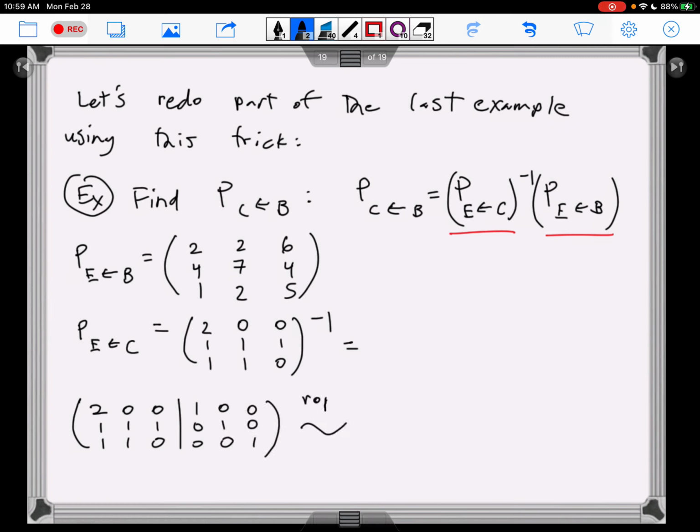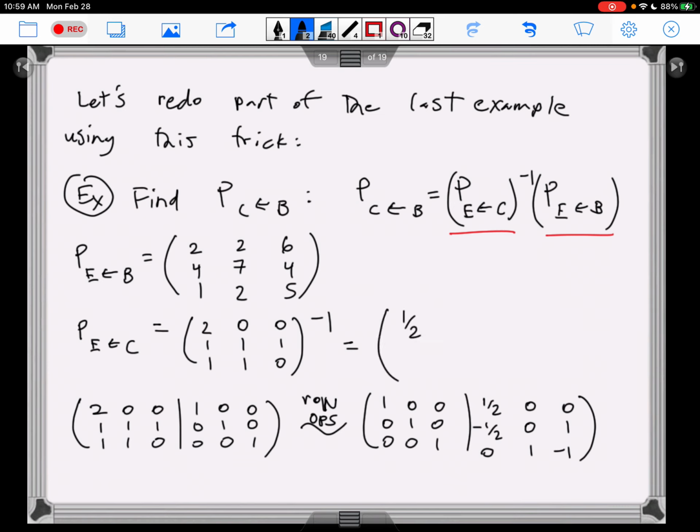And again, if we do row operations here, we end up with 1/2, -1/2, 0, 0, 0, 1, 0, 1, -1. And so that is our inverse matrix.